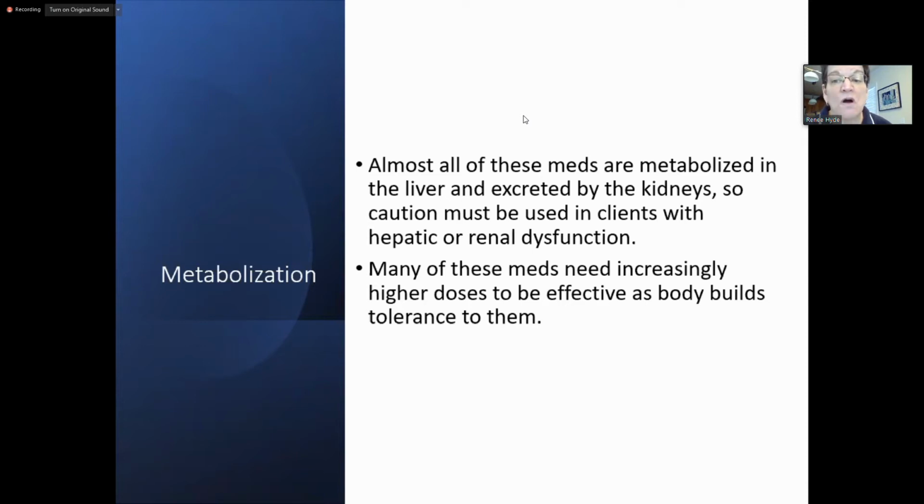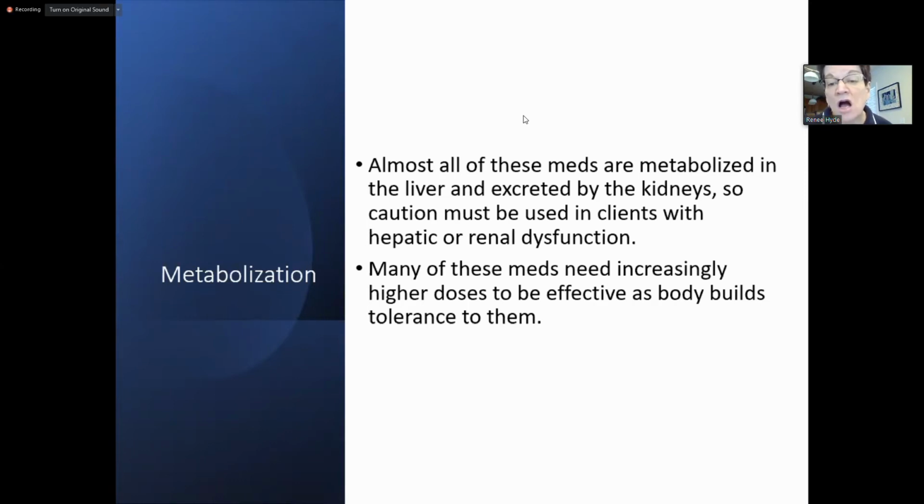One of the things you also need to recognize is that the body develops tolerance to a lot of these medications. And so often the dose has to be increased for it to be effective.